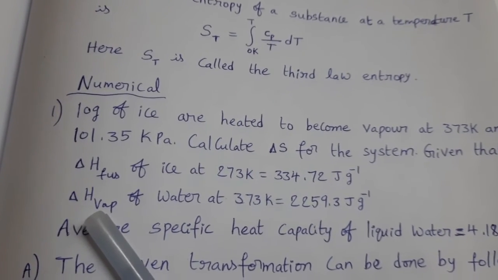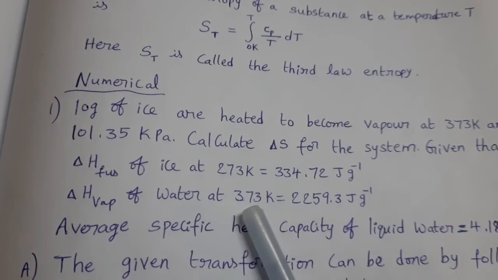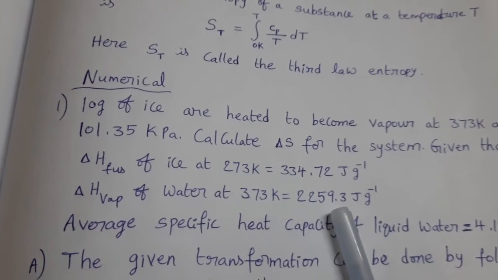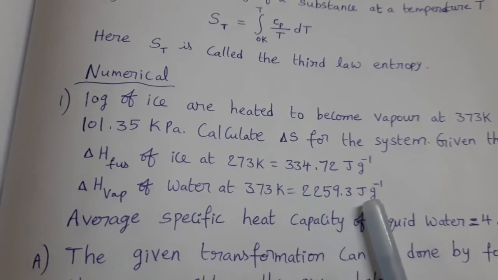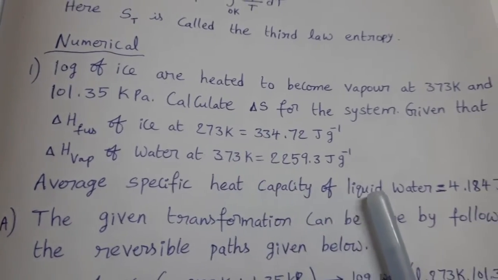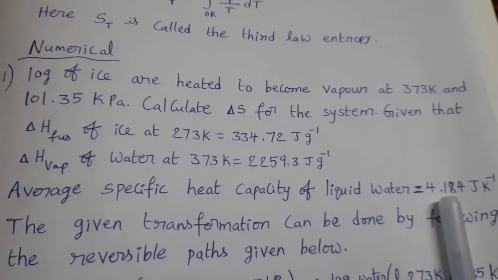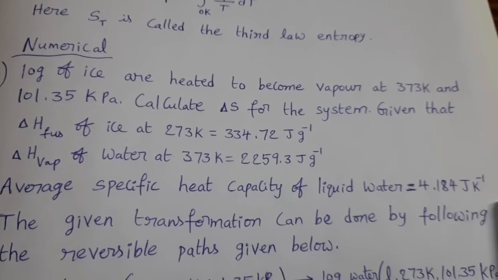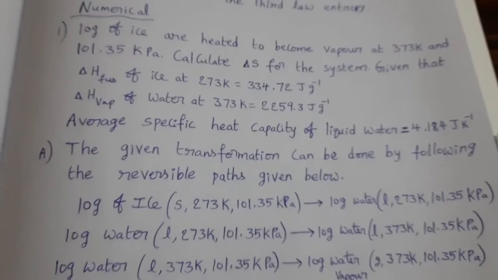Change in enthalpy for vaporization of water at 373 Kelvin equals 2259.3 joule per gram. Average specific heat capacity of liquid water equals 4.184 joule per Kelvin. Now see the answer.